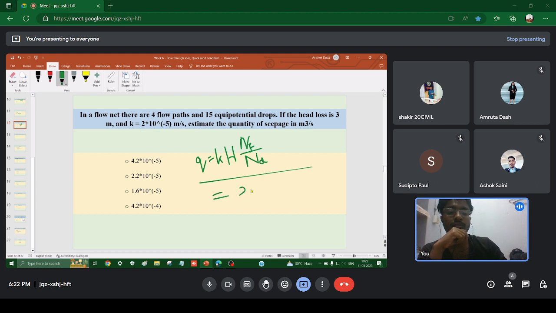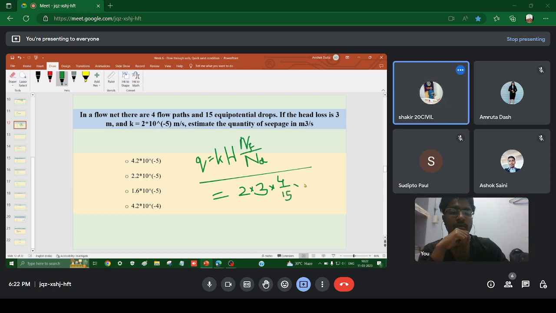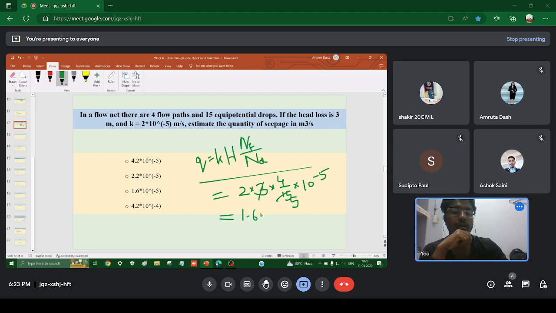I'll first write 2 into H, which is 3, into 4 by 15. 3 into 5, 15. 4 into 2, 8. 5 into 1, 5, 30. 1.6 into 10 to the power minus 5. This is the answer.